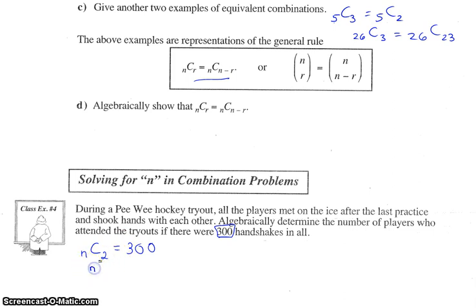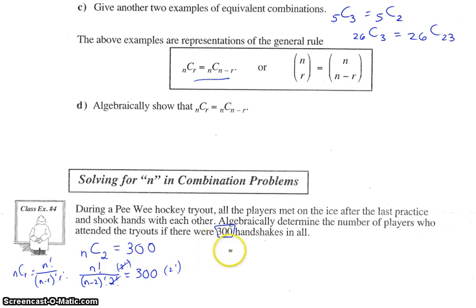So let's try this. n factorial. What we're using is our n choose r formula from our formula sheet. So n factorial over, and our r is 2 in this case, (n minus 2) factorial and then 2 factorial equals 300. If you recall, first of all, that 2 factorial, we're going to multiply that to the other side. So 2 factorial times 2 factorial, and that's just equal to 2.